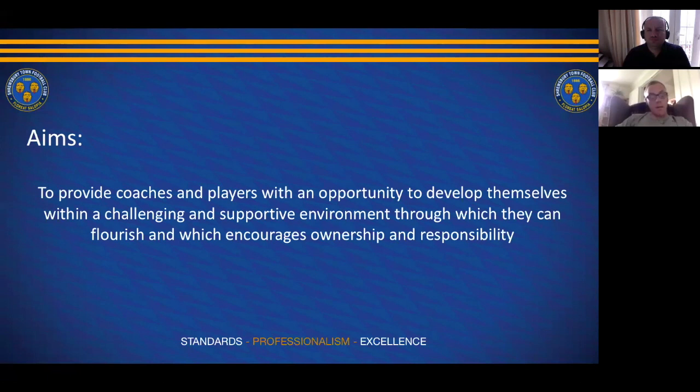And that may look different from one coach to another, and what they all want and need may be very different. But our job, or my job in particular, is to provide that opportunity, and that in turn hopefully encourages them to get better, to develop themselves, in turn develop their players, and above all else, take on some responsibility for themselves.